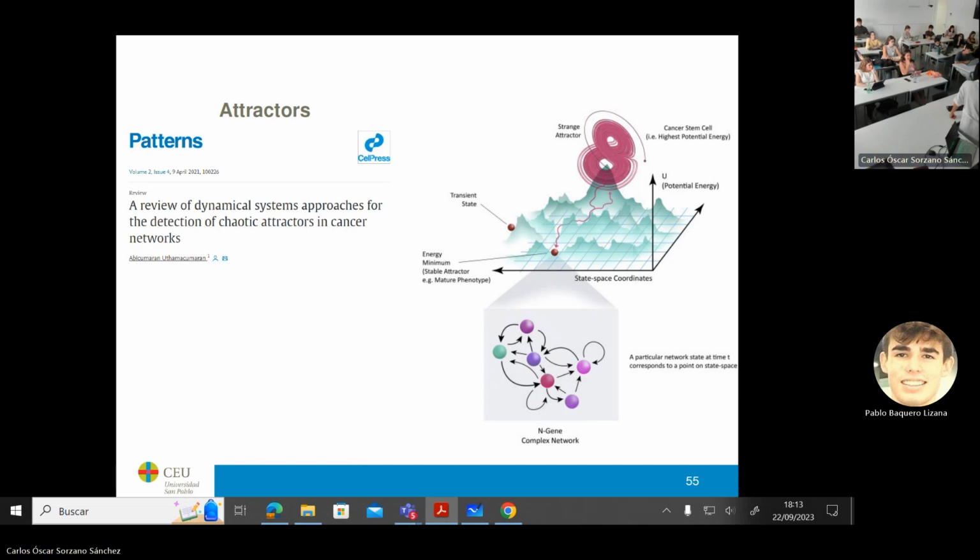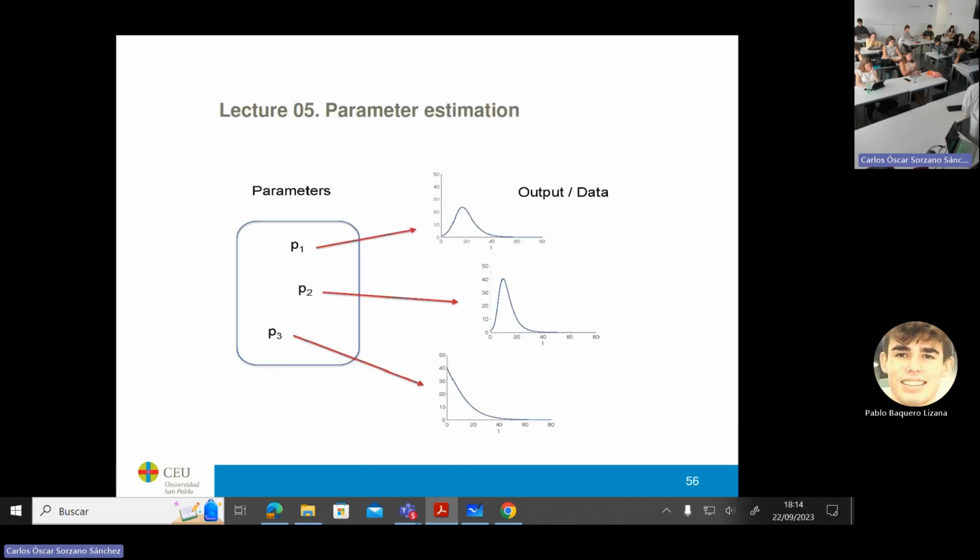So you may have many different attractors, and what you have to find is a way of perturbing the system so as to make the concentrations go to the healthy state. And here we have a paper describing these attractors in cancer networks. And yeah, any question up to here?